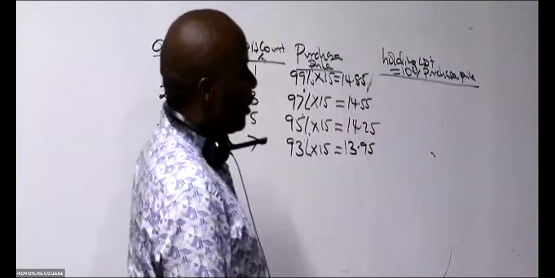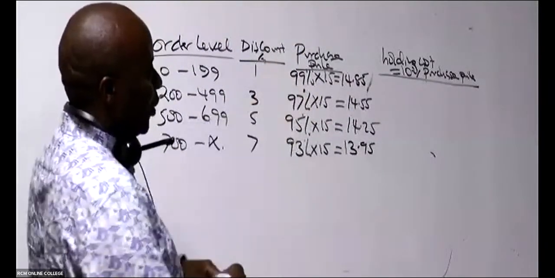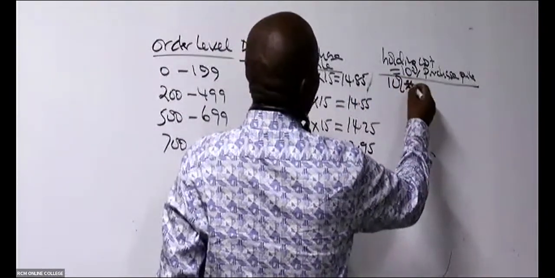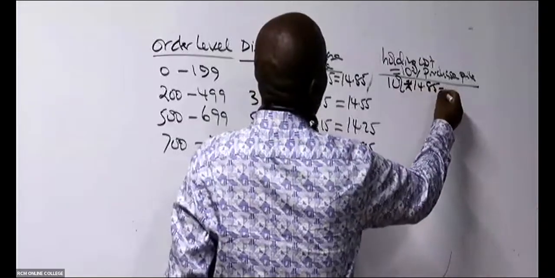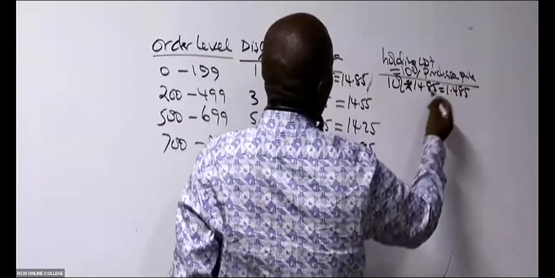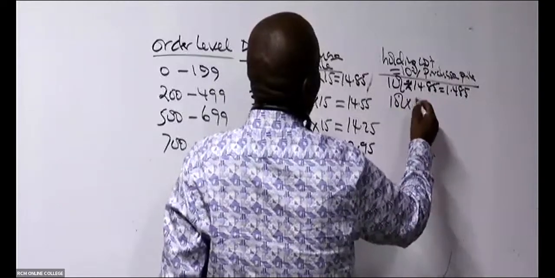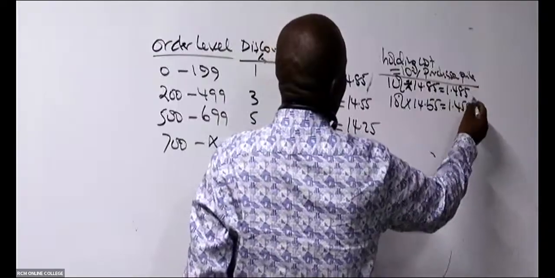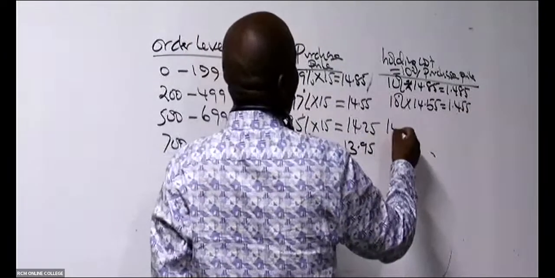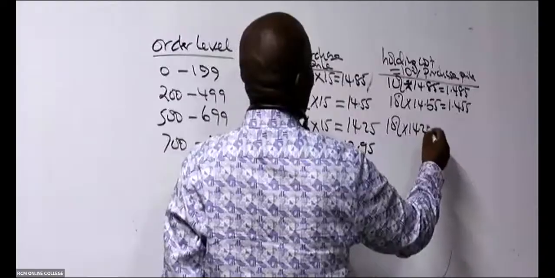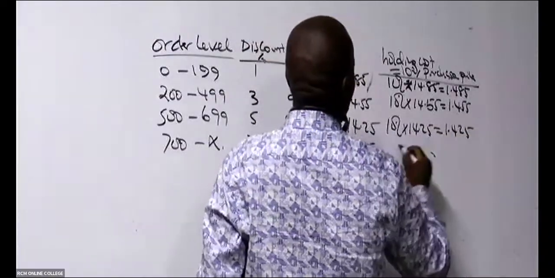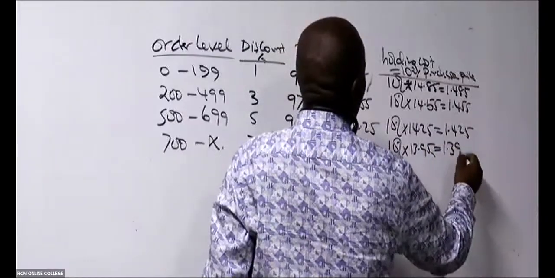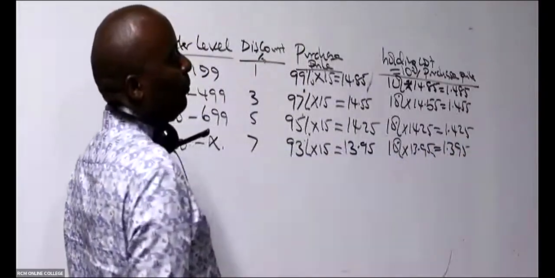So give me the holding cost for each of these prices. 10% of 14.85 is 1.485. 10% of 14.55 is 1.455. 10% of 14.25 is 1.425. 10% of 13.95 is 1.395.